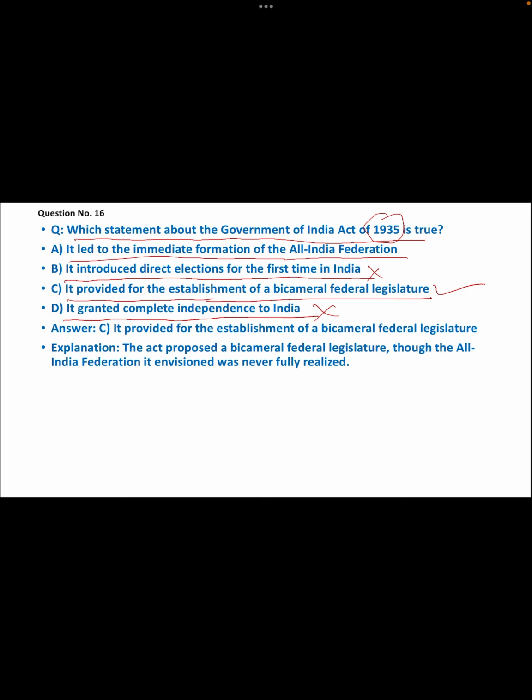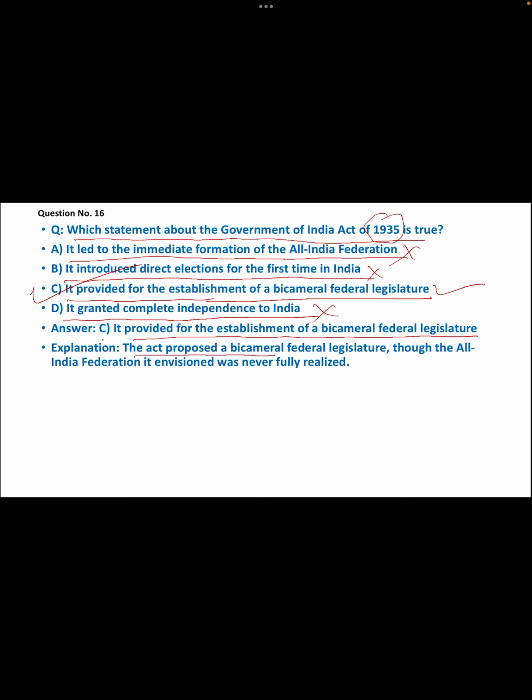So A is incorrect. It did not lead to immediate formation of All India Federation, because the 1935 Act was never implemented fully. So C is the right answer. The Government of India Act 1935 provided for the establishment of a bicameral legislature.